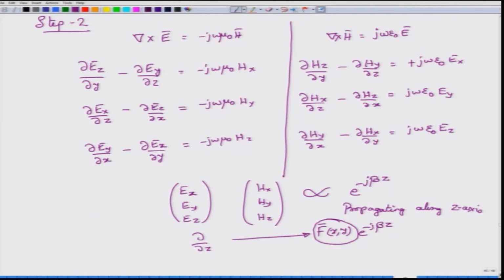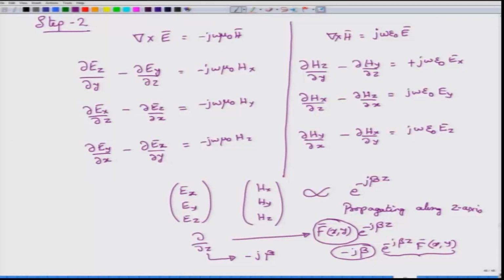It will come out of the differential, and then you have e power minus j beta z. When you differentiate it, you pull out minus j beta, and because it is an exponential function, this will be e power minus j beta z as it is times f of x y. So, this was the original field and this is multiplied by minus j beta. So, the operation del by del z can be replaced by multiplying that corresponding component by minus j beta. This is very, very important.